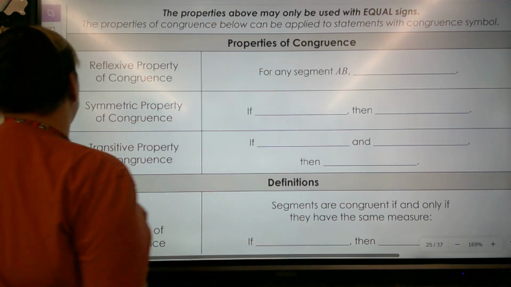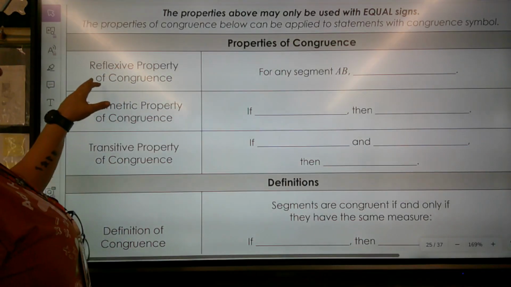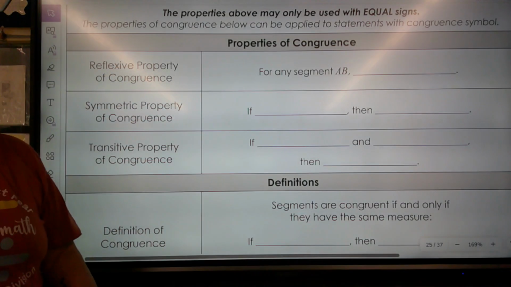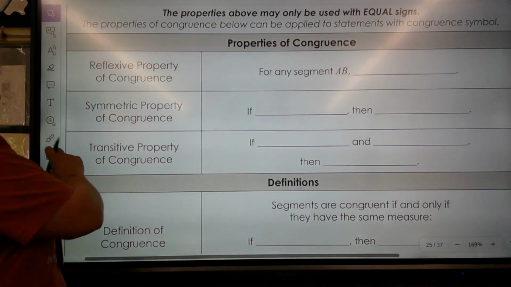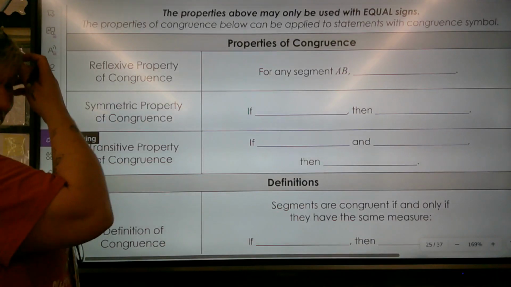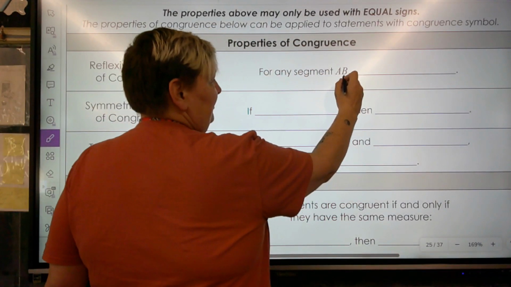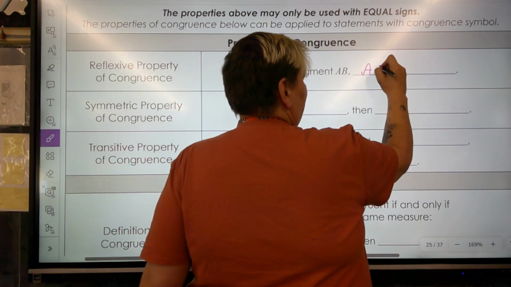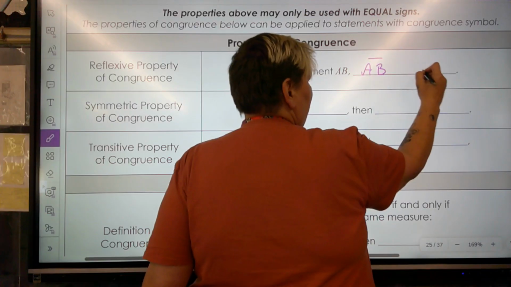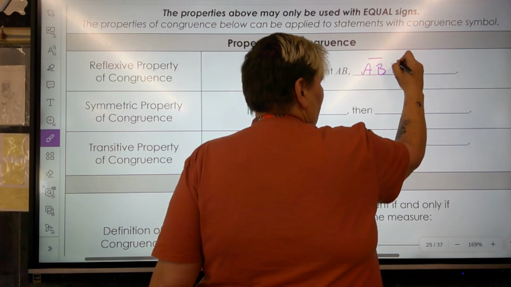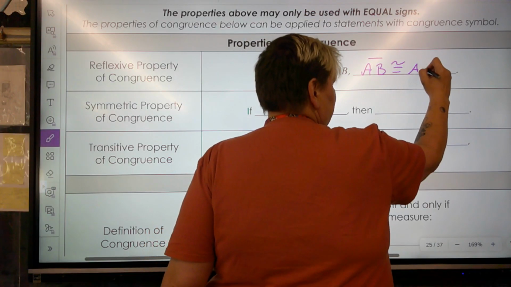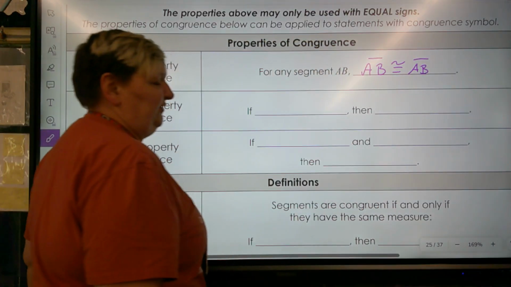We have the reflexive property of congruence, which is very similar to the reflexive property of equality. The difference is for any segment AB, segment AB is going to be congruent to segment AB.